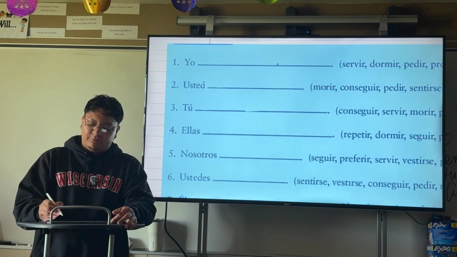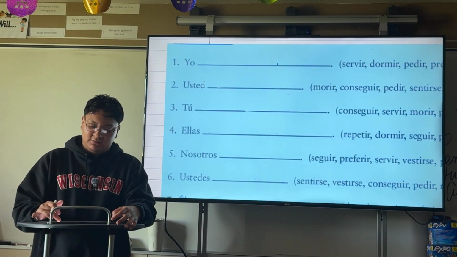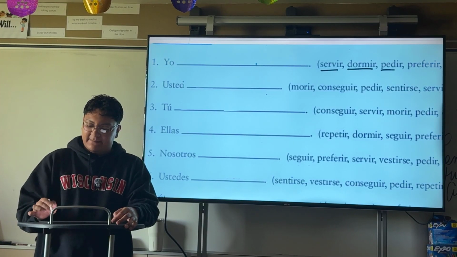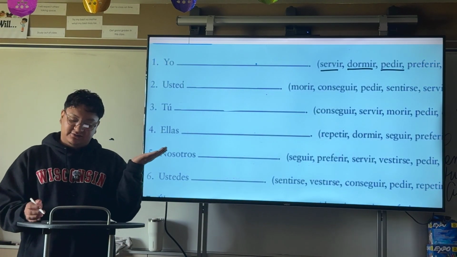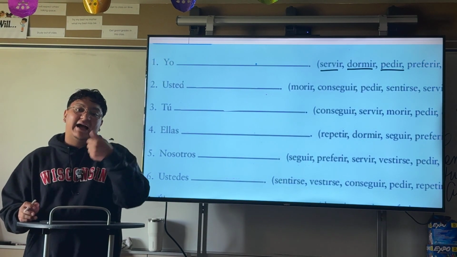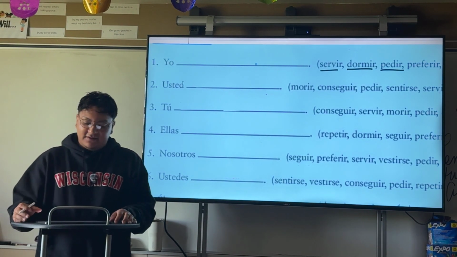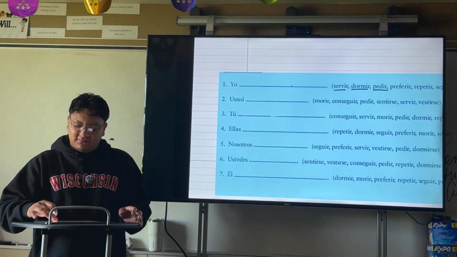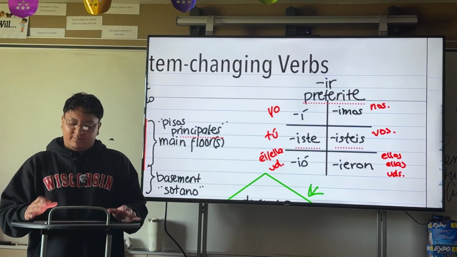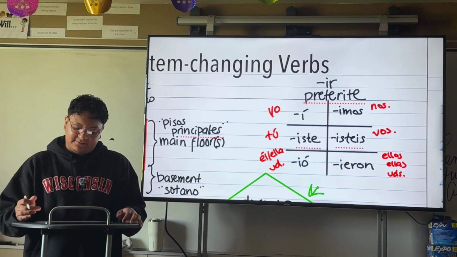So, first one, yo. We're going to do servir, dormir, and pedir. Servir, to serve. Dormir, to sleep. Pedir, to ask. So, if you forgot how to conjugate, lucky for you, we have our table of preterite conjugations.